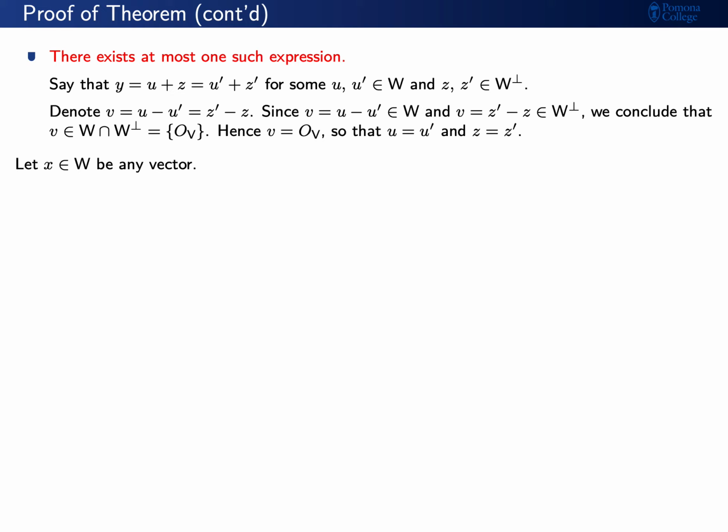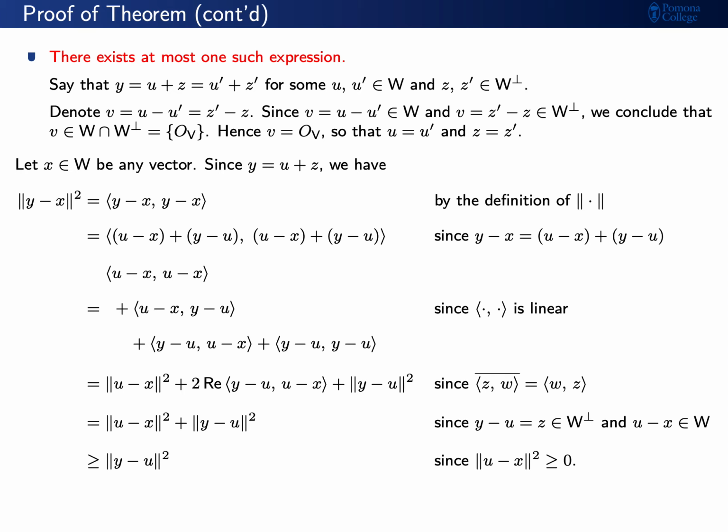Now, let's say that x is any vector in our vector space W. We'd like to consider the norm of y minus x. Simply put, we're going to use the fact that y minus x equals u minus x plus y minus u.